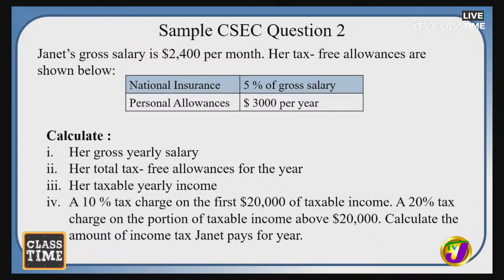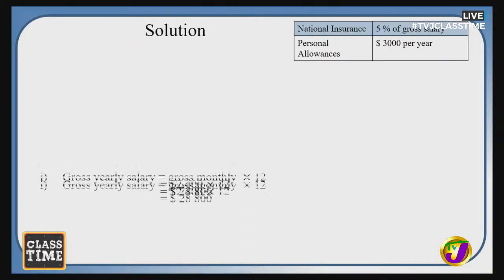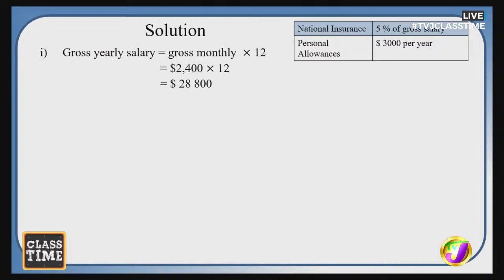So let's go into it. Here we have our first, the gross yearly salary. It's a basic calculation, a multiplication of 2,400 by 12 to give us $28,800, without the deductions.